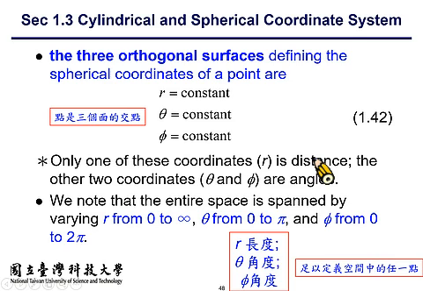If you fix phi, theta, and R as constants, you get a point. Any point in the spherical coordinate system can be described by R, theta, phi; they can be used to address any point in the space.